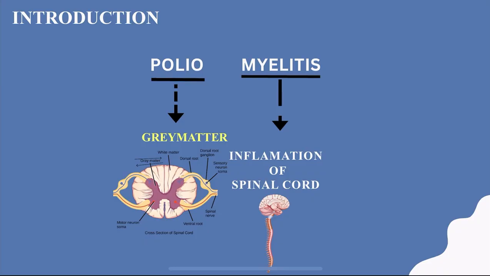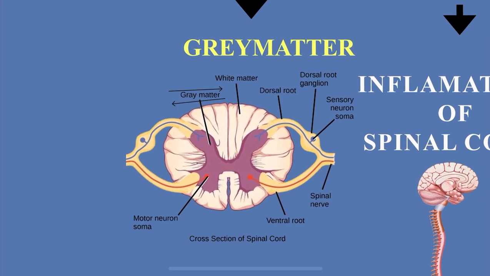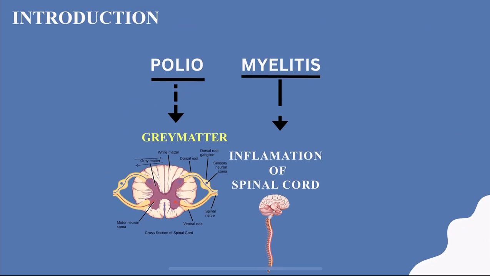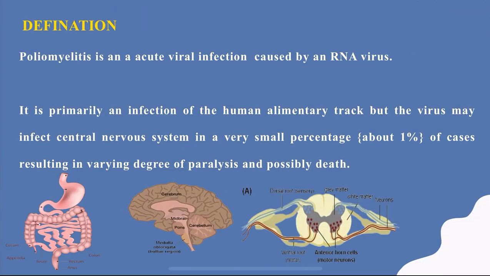So we see the gray matter here. This is the white matter of the spinal cord, and inner here you can see the gray matter, where the anterior horn cells will be the ones affected most predominantly, which we will discuss in detail in the pathophysiological aspect. For now, poliomyelitis refers to the inflammation of the spinal cord and the brain.